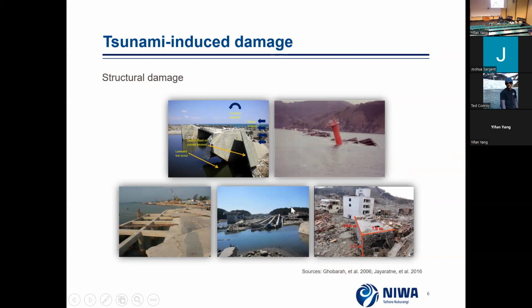So it is important to know the potential damage to a structure, especially the important infrastructure, so that we can rescue the local residents. So today our topic is to investigate the tsunami damage to breakwaters.